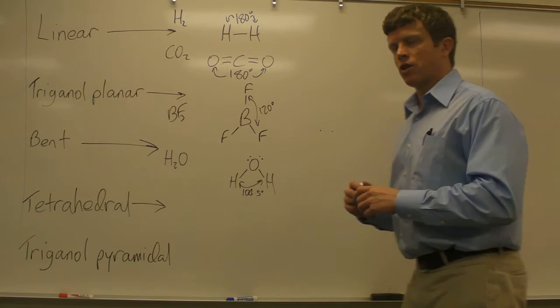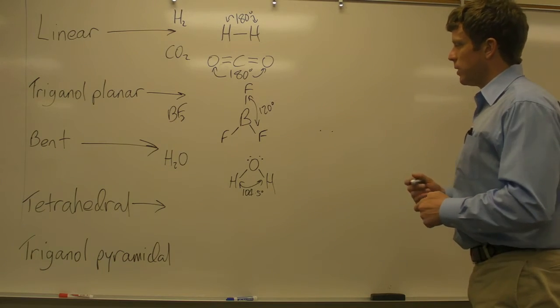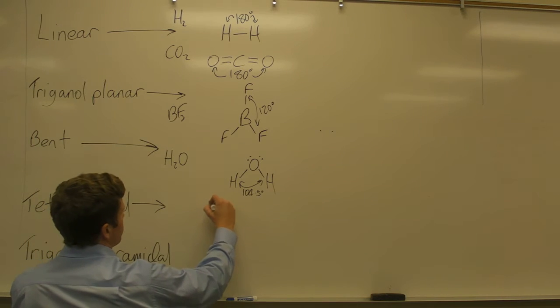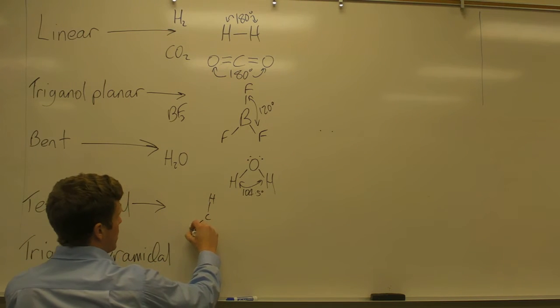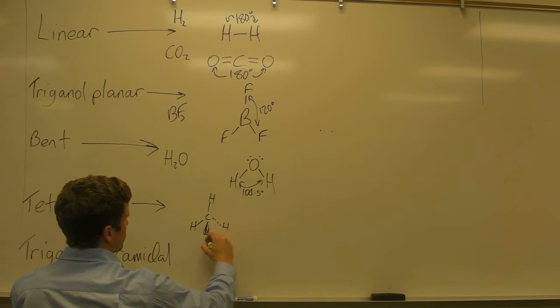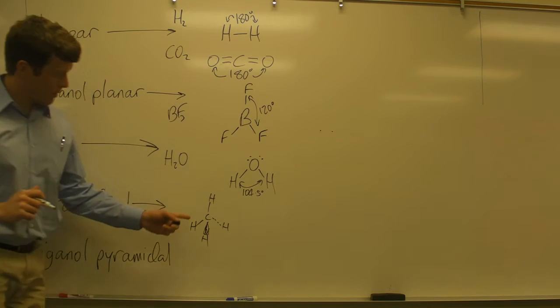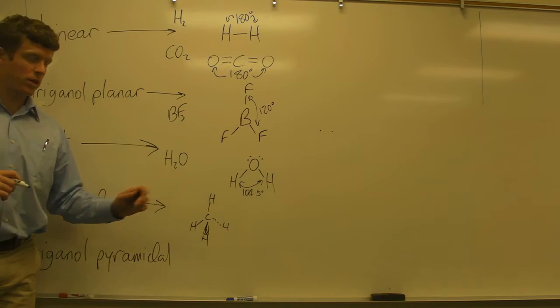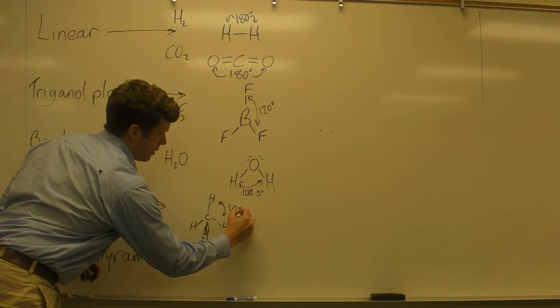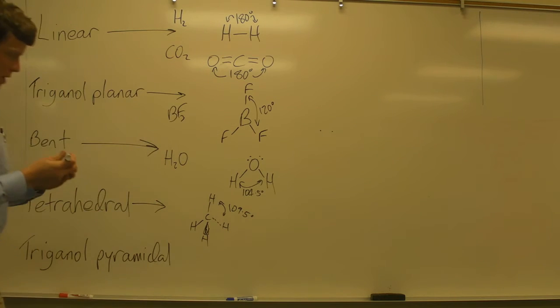Tetrahedral, we also discussed in the previous video. I'm going to do that down here. Methane is a good example. Carbon in the middle, 4 hydrogens around it. The bond angle is 109.5 degrees.